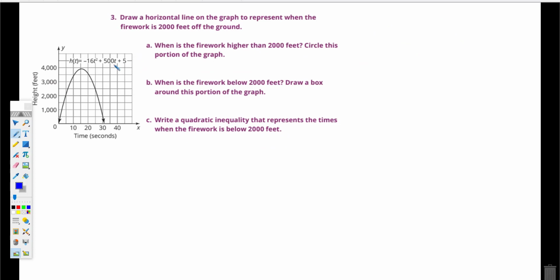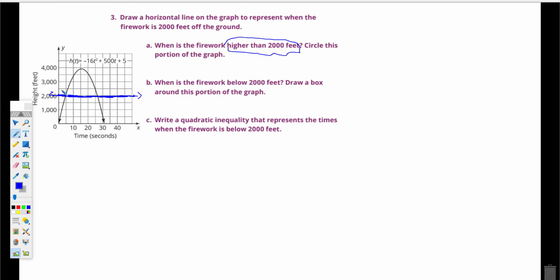So we're going to draw a horizontal line that represents that 2,000. And so at that 2,000 point, that line is going to go right here. And so it asks us, when is the firework higher than 2,000 feet?